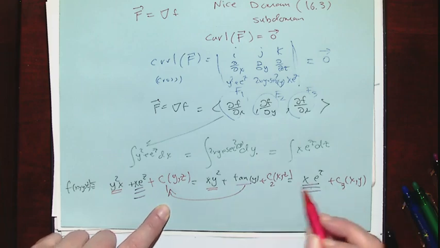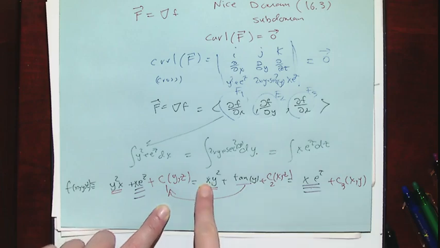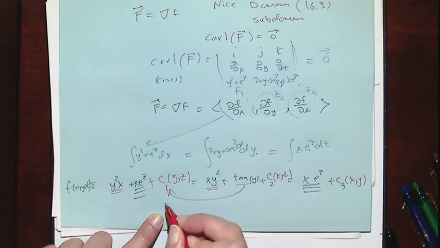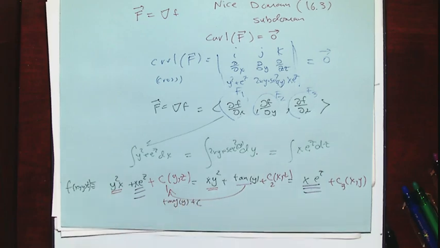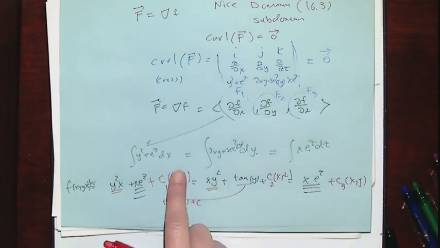Also, this one is x e to the z. It's not part of it. And that one has x. Therefore, this C1 must be tan y plus a constant c. Fair game? Because it appeared in other places. And I just didn't know what this function of y and z is.